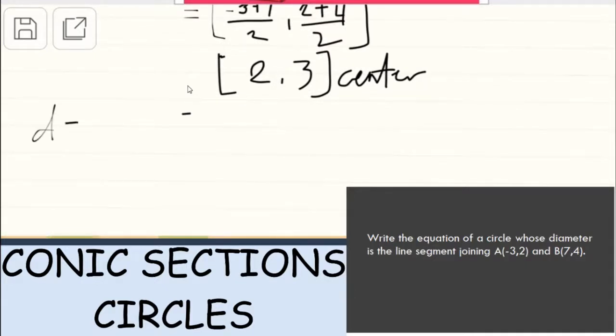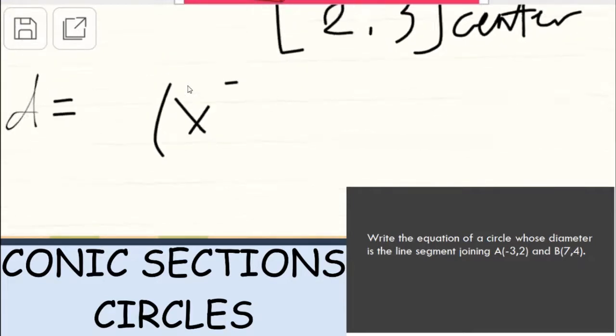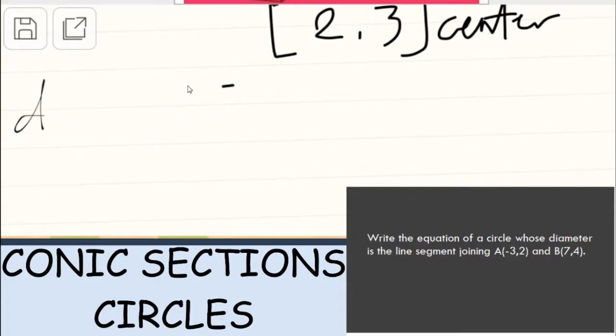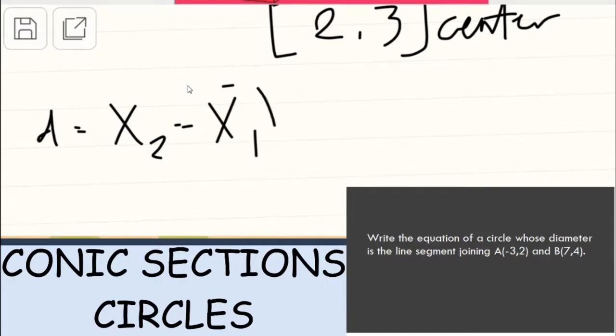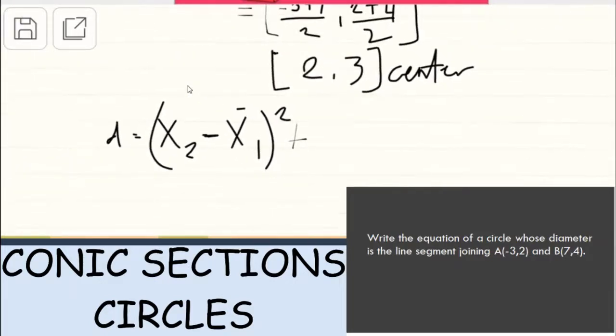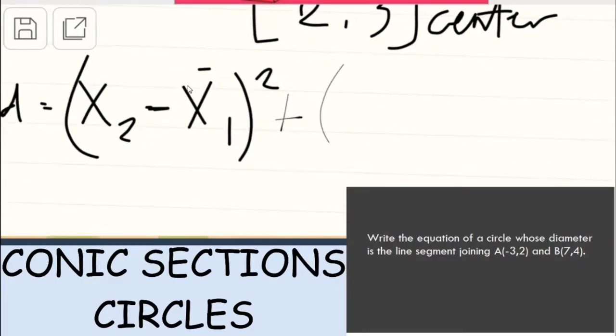Let's say D is equals to the square root of (x sub 2 minus x sub 1) squared plus (y sub 2 minus y sub 1) squared.